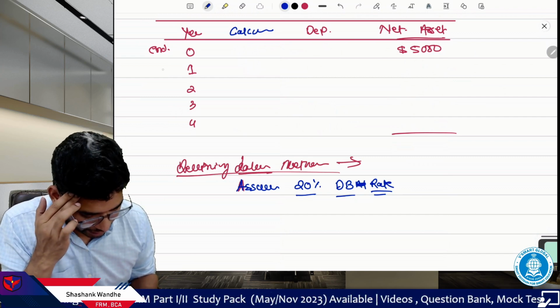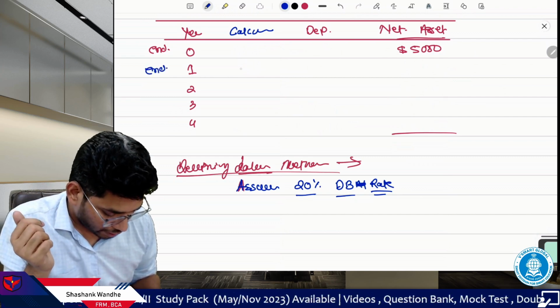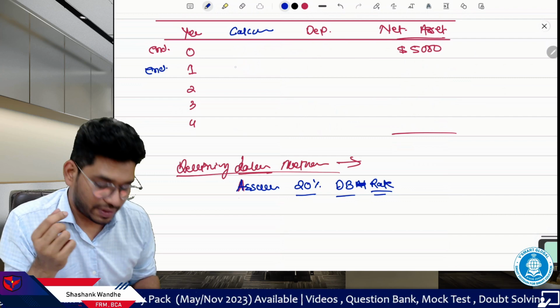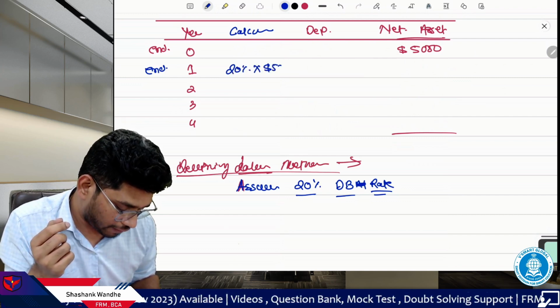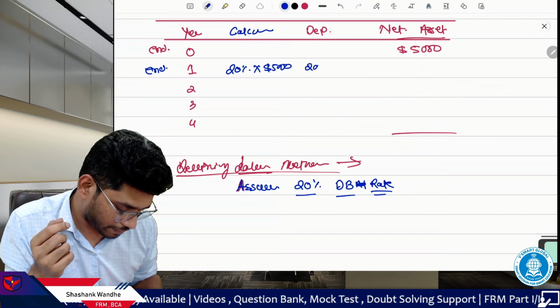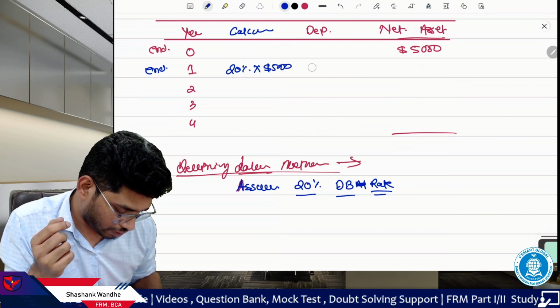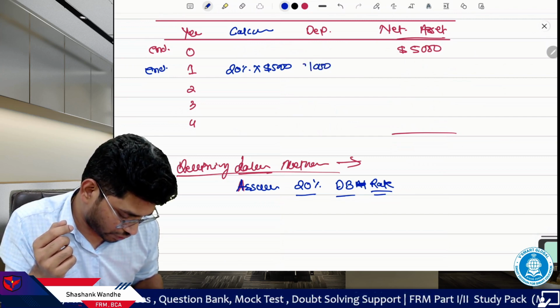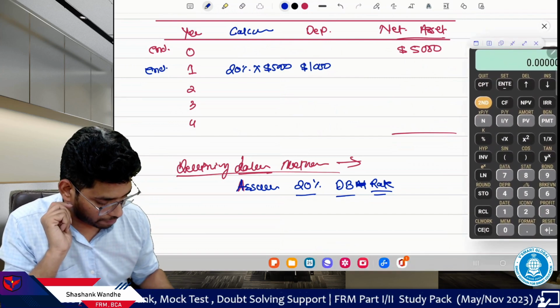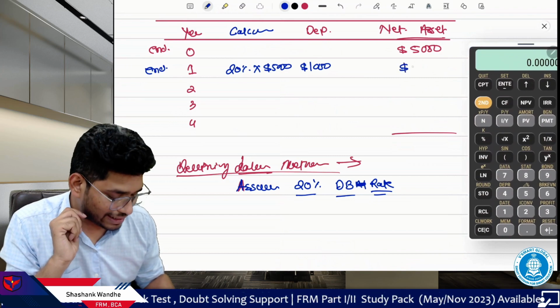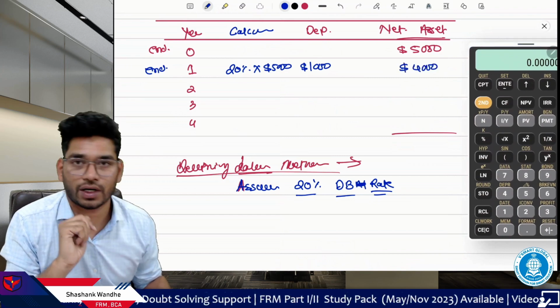So at the end of the first year, we will calculate our depreciation. Depreciation is 20% of $5,000, which is 1,000. So 1,000 charged to depreciation. Simple. So net asset is 4,000.